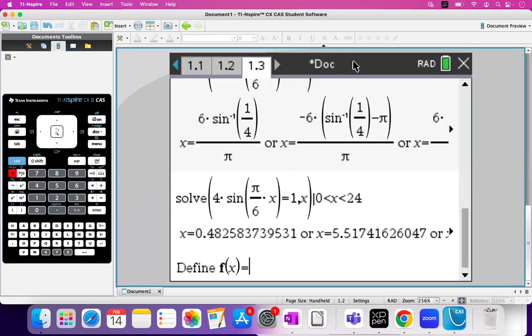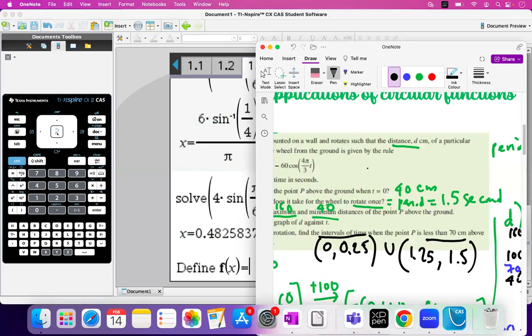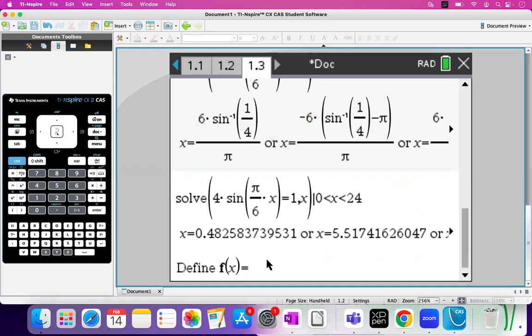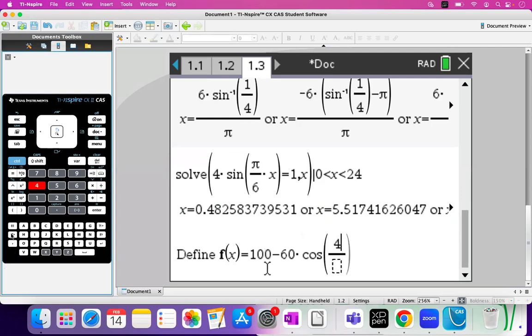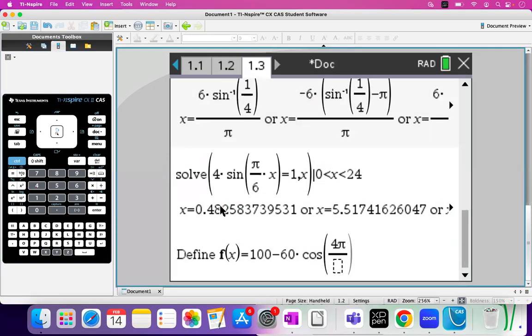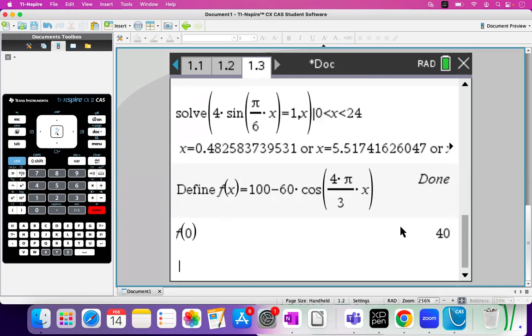To define the function, you just write menu, action, define, and then you put in the equation, which is 100 minus 60 times cos of 4 pi over 3 x. Okay. Then if you want to know x equals 0, you just do f of 0 and it gives you the y value.